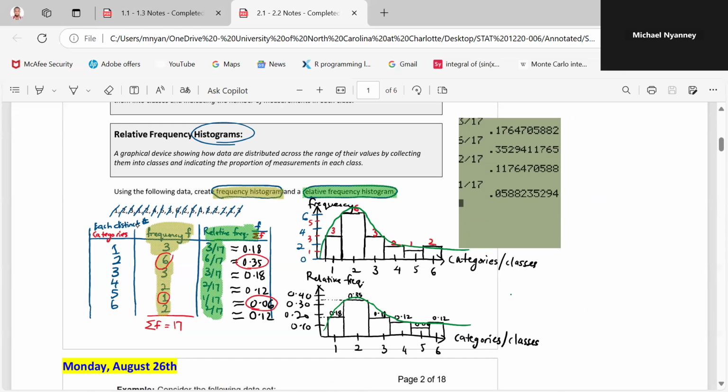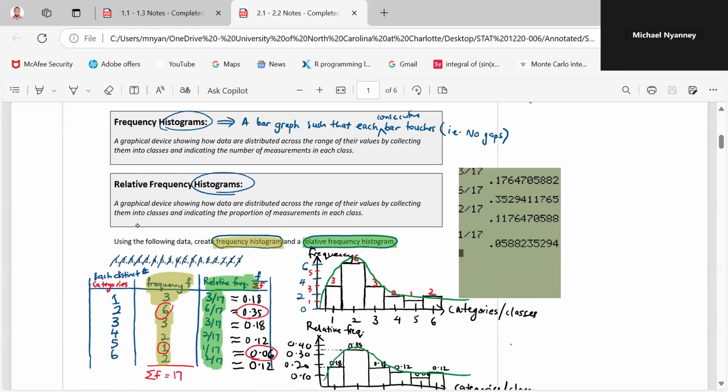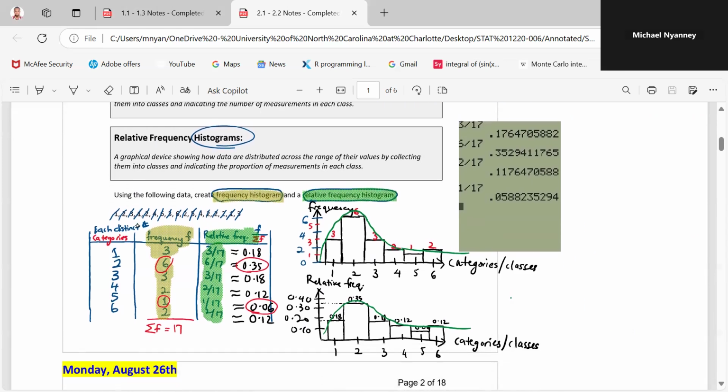You do the same for the relative frequency histogram. Instead of the frequency, use the relative frequency values. So 1 has a relative frequency value of 0.18, and you draw a bar of 0.18 for 1.